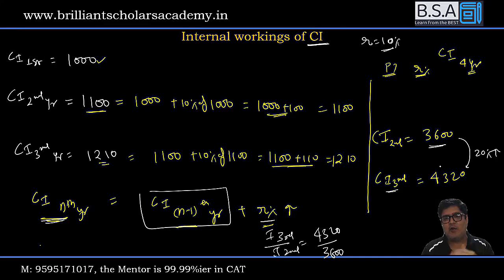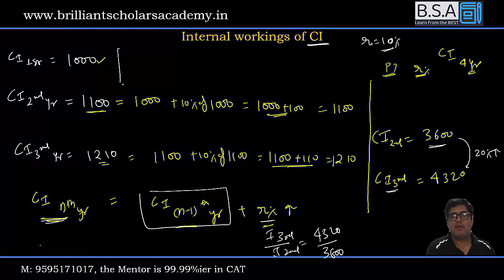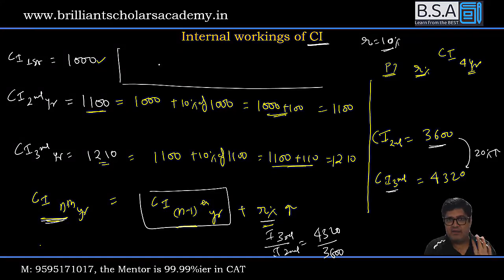Can I say I could also find the first year interest? Observe, I'm cleaning some part of the screen. Or let me do it for you here. Whatever is the first year interest, first year interest increased by 20 percentage. How do you increase 20 percentages? 12 upon 10 is equal to second year interest. Going right? So this cancels 30, 300 cross multiply.